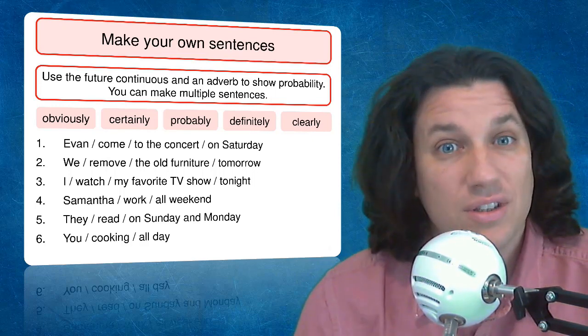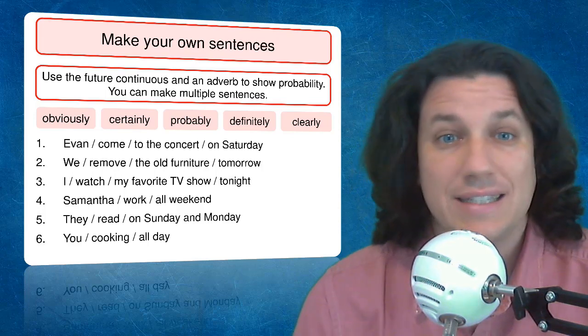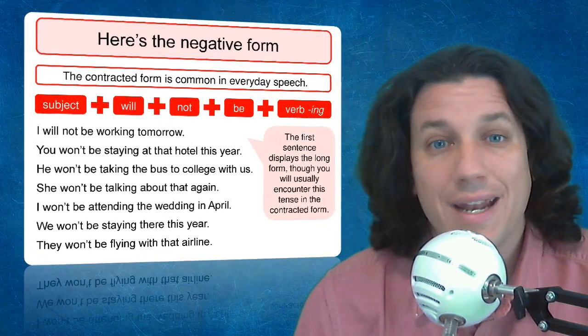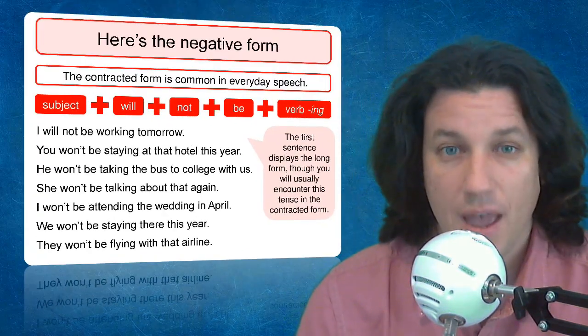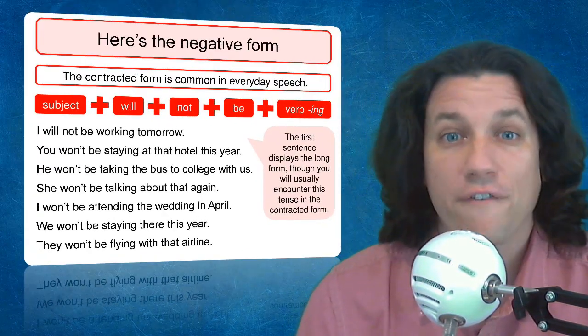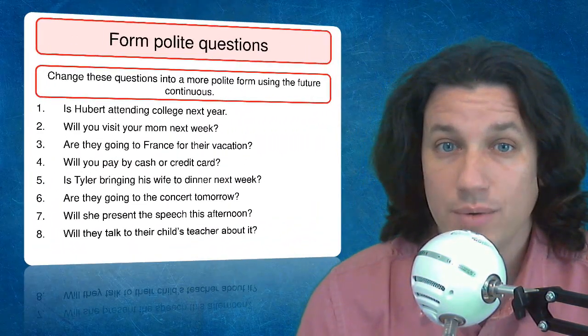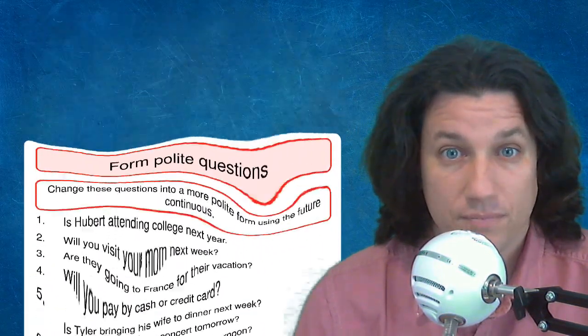The final layer of complexity is to take everything that you've just done and then to do it in a negative form. And then, of course, you don't want to forget questions about how to use the future continuous in a question. So once you've done all those things, then you should review everything that you've done together and give your student plenty of opportunities for free practice.